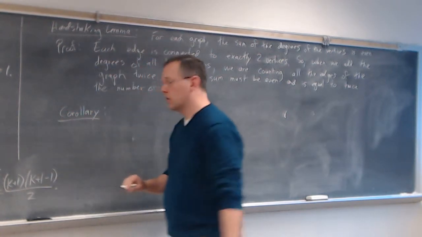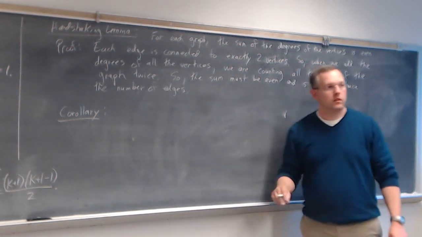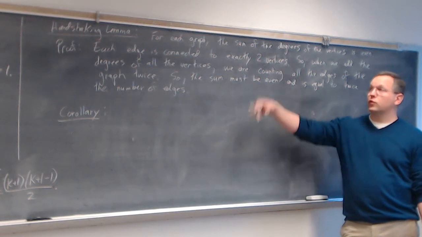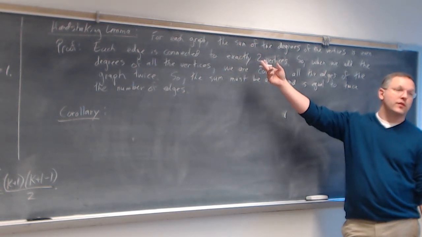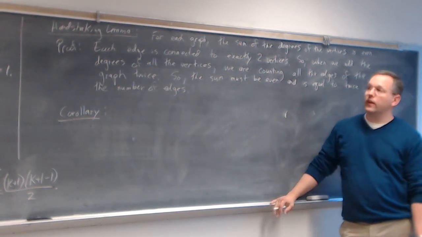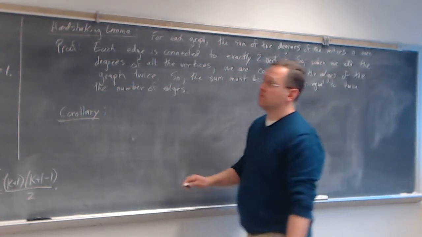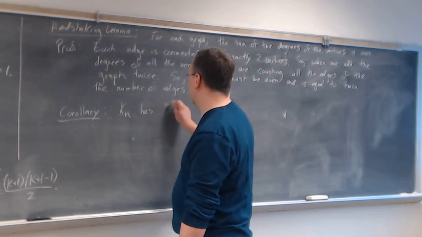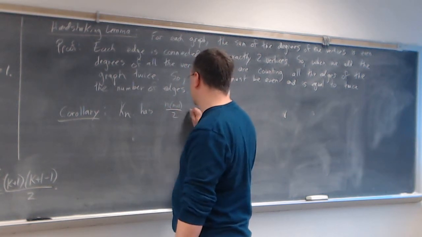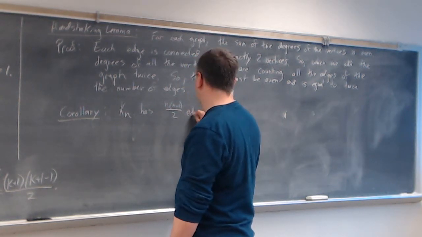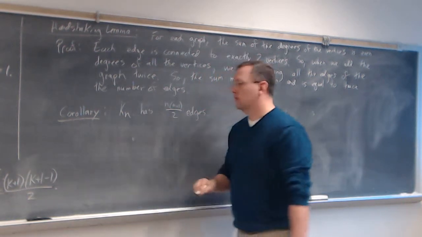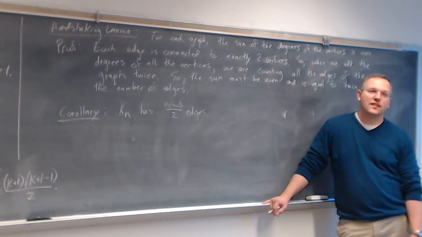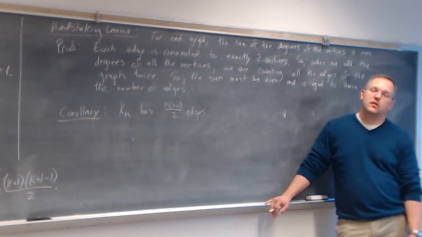Corollary. You don't remember what the word corollary is used for? It's a result or a theorem that follows directly as the consequence of a previous theorem. So corollary: Kn has n times n minus 1 over 2 edges. So instead of proving this by induction, I could have just waited and proved it using the handshake lemma.